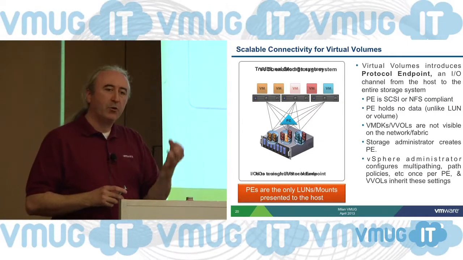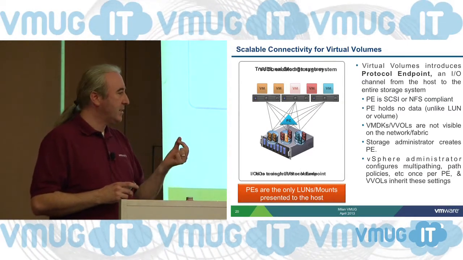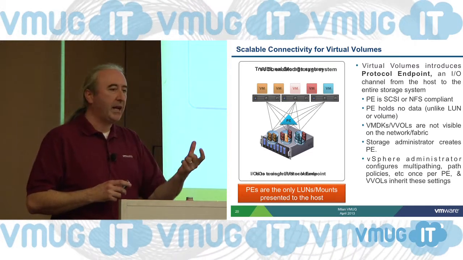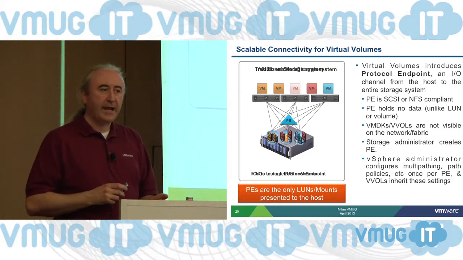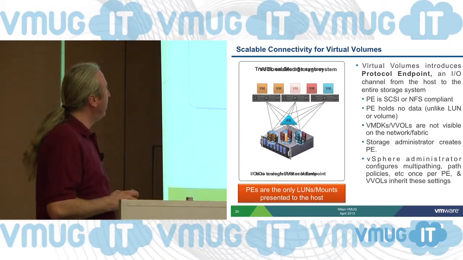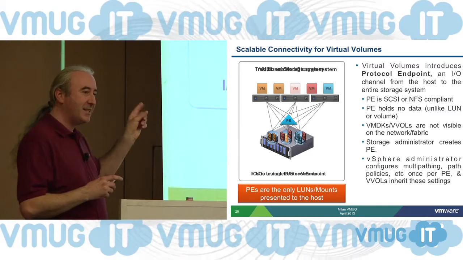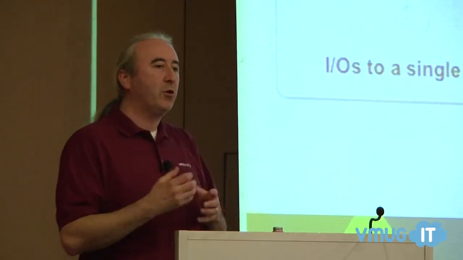But the PE, or the protocol endpoint, is still just a SCSI LUN, or an NFS mount point in the case of NAS storage. What we'll do is map this single protocol endpoint to any of the hosts that wish to create virtual volumes. So it's almost like a gateway device, essentially. But it does a little bit more than that.